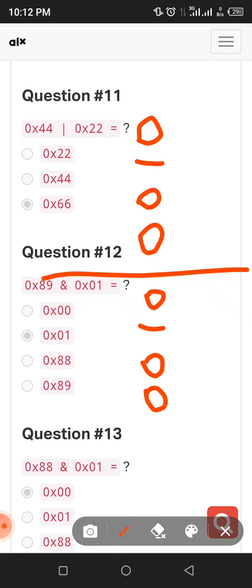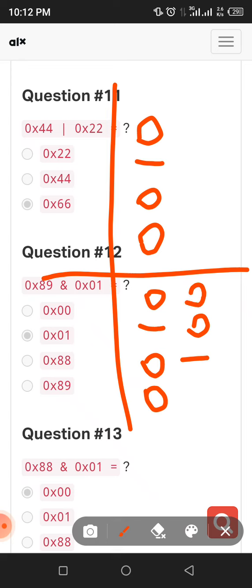So we have 1, 0, 0, which stands for 4. Add 0 to fill the space up, and we have 0, 1, 0, 0, which stands for the next 4. So that is 4, 4, 2, 2, 4, 4, 4, 4, 2, 2.